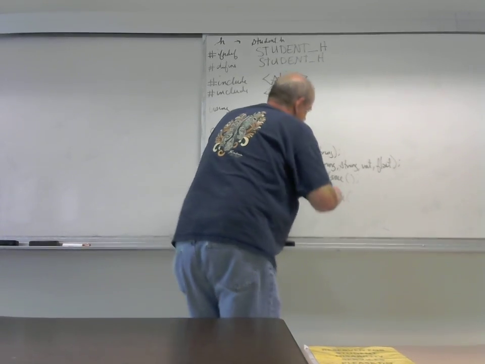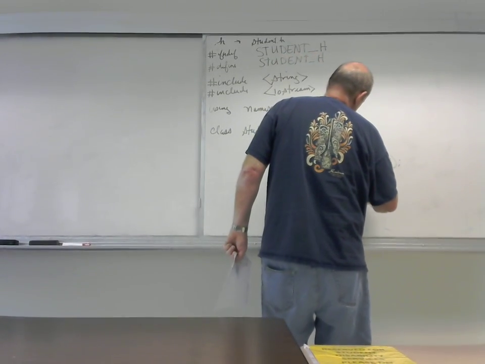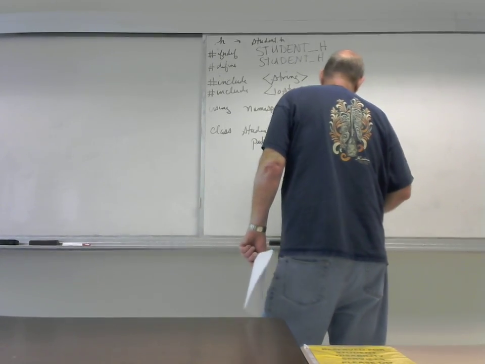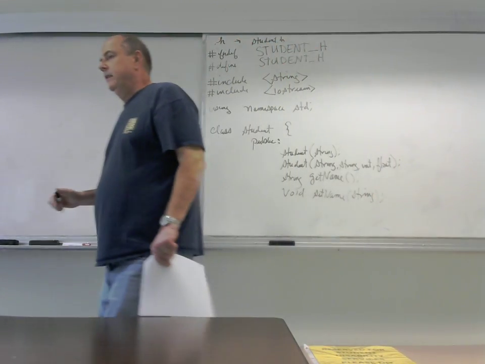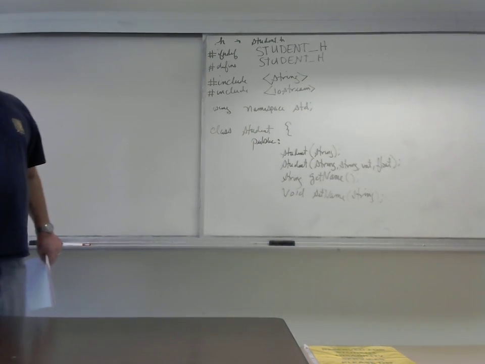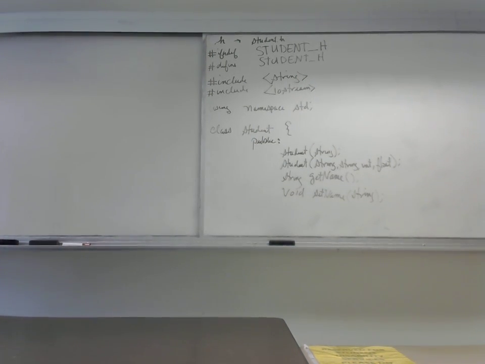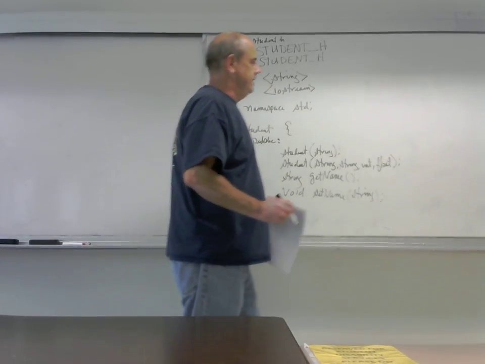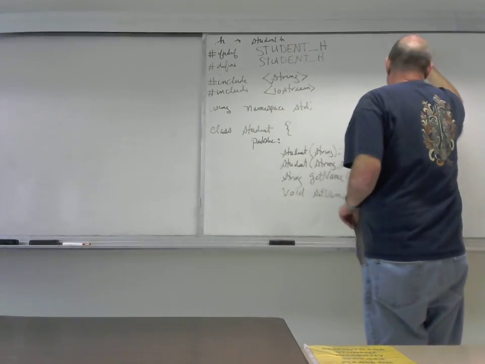Now I put these in camel case, but it's not usually done. Generally it will be get underscore name, set underscore name. More methods, however you need. The idea of getters and setters should be familiar to you.